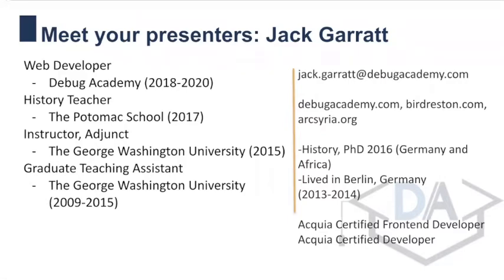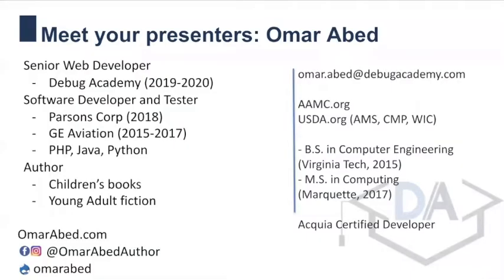And probably a few months ago, I got my two Acquia certifications, the front-end specialist and the general developer certificate, if you will, which I'm very excited about. I will now turn this over for Omar to introduce himself.